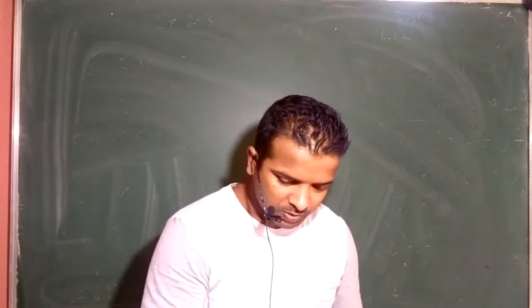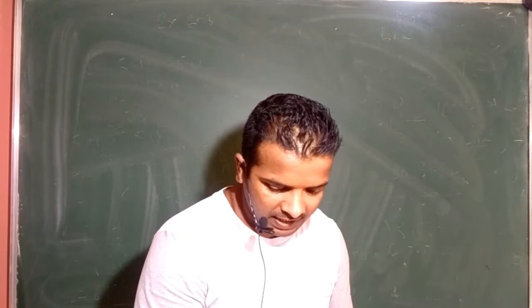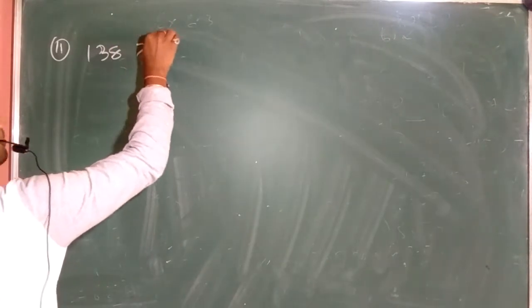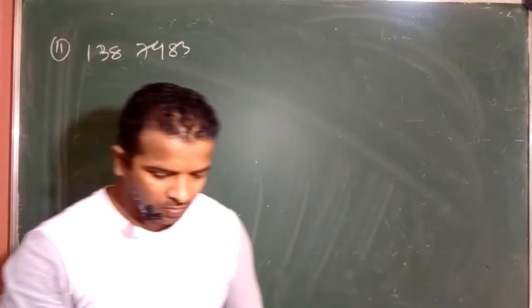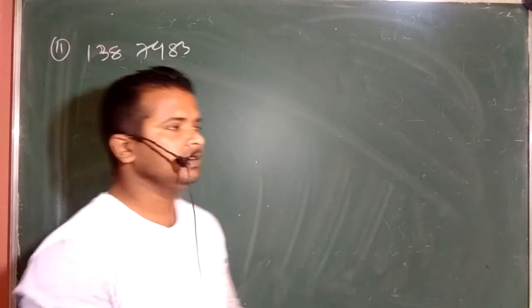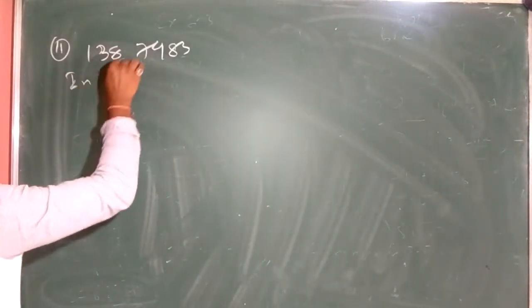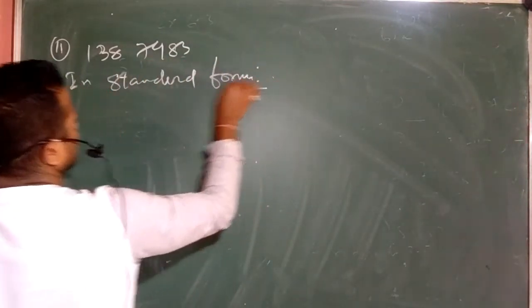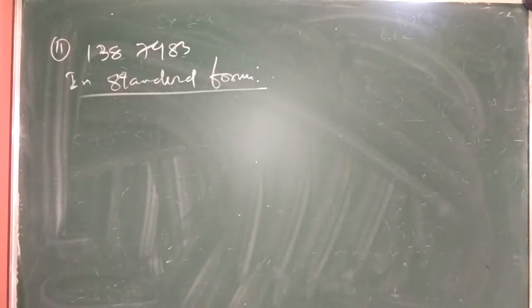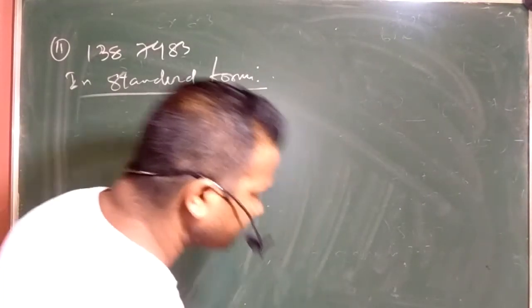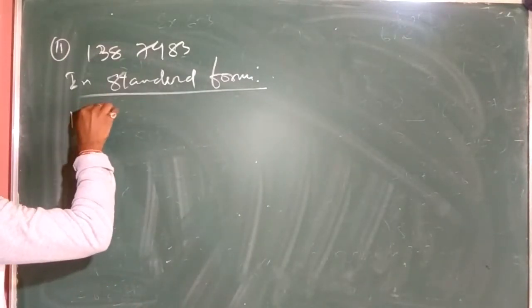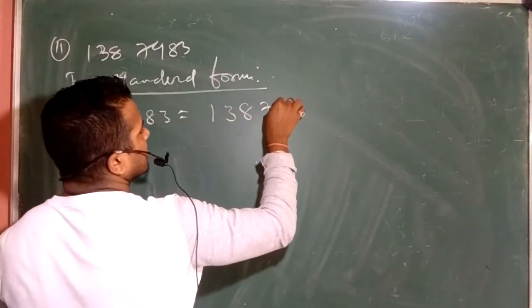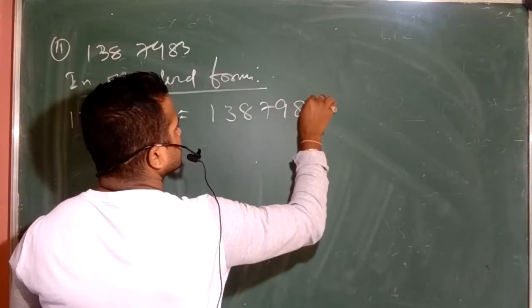Okay, Roman number 2: 1387983 in standard form. So 1387983 is equal to 1387983.